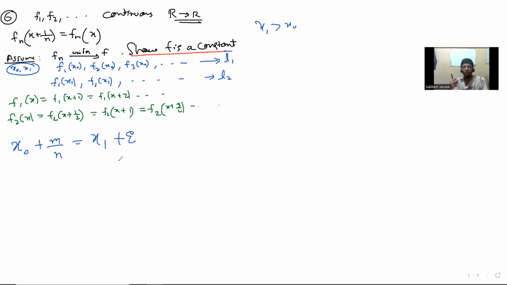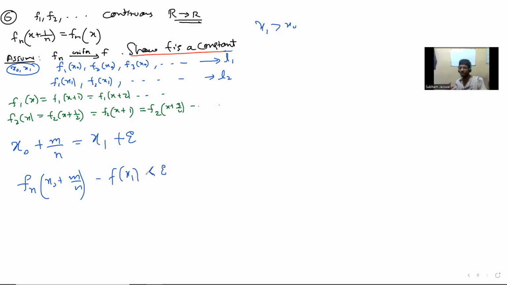And how are you going to use it? You're going to use this for fn. So if epsilon is small enough for fn, then this thing minus this thing is less than epsilon.